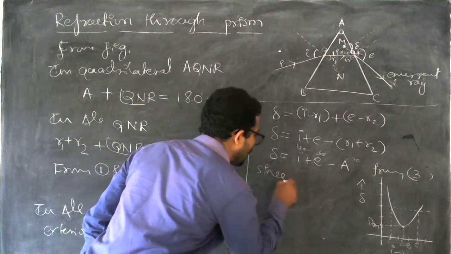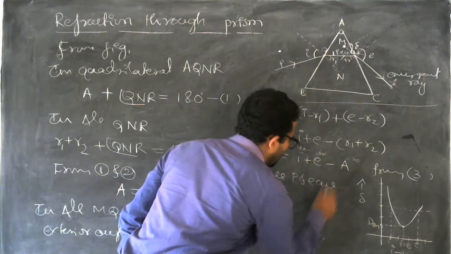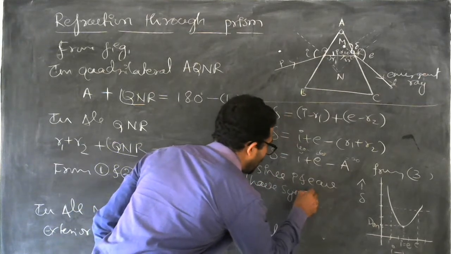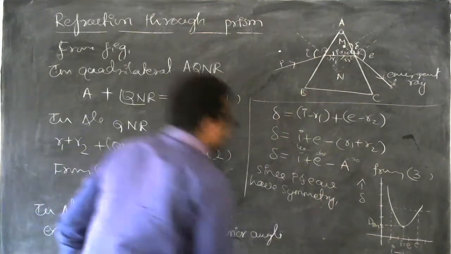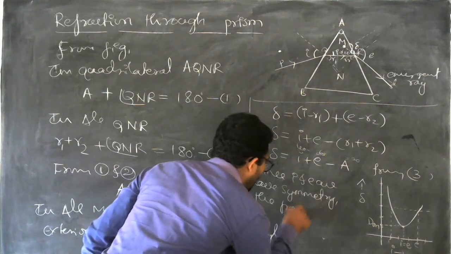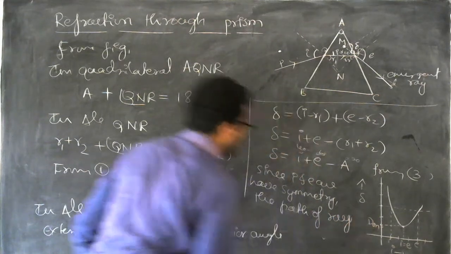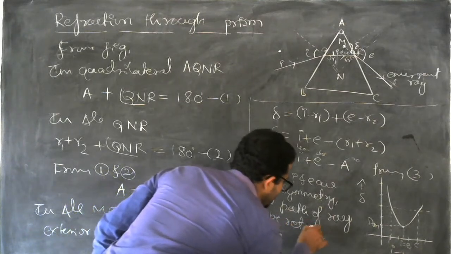Since I and E have symmetry, the path of the ray can be retraced.